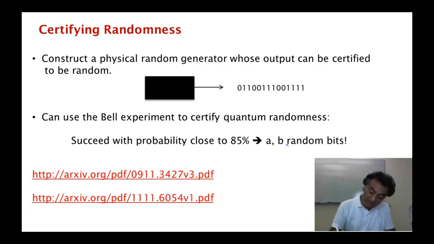So for example, you could pick B and output it, and it would be guaranteed to be a random bit if you could certify that you succeeded with probability close to 85%.